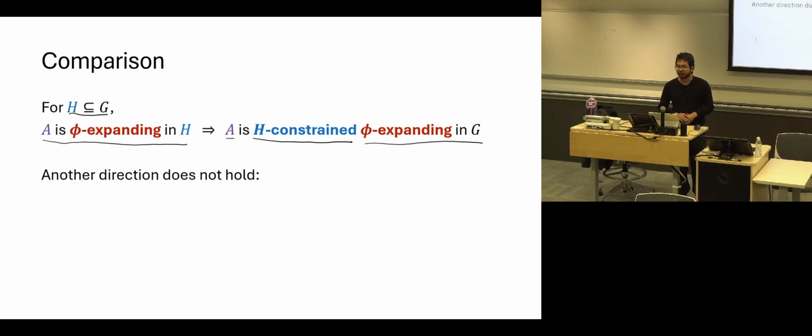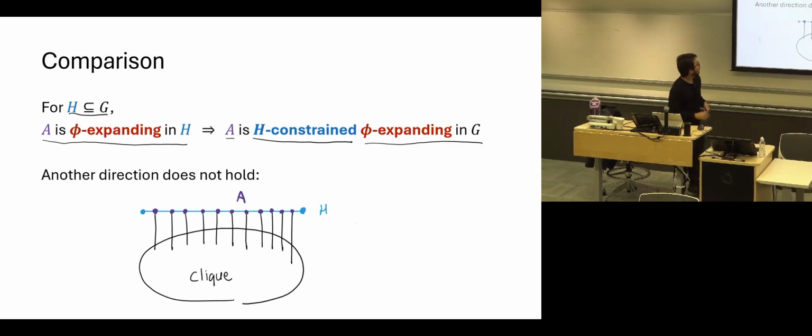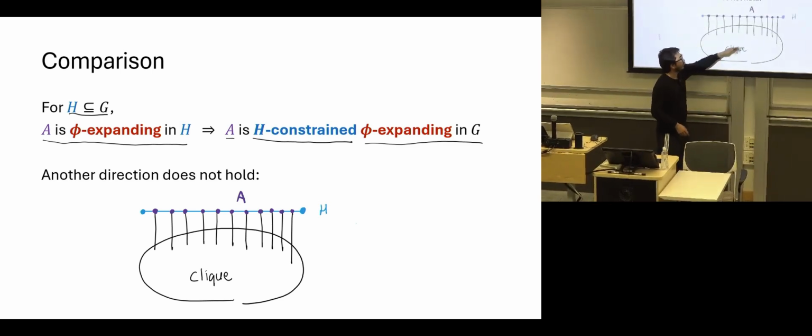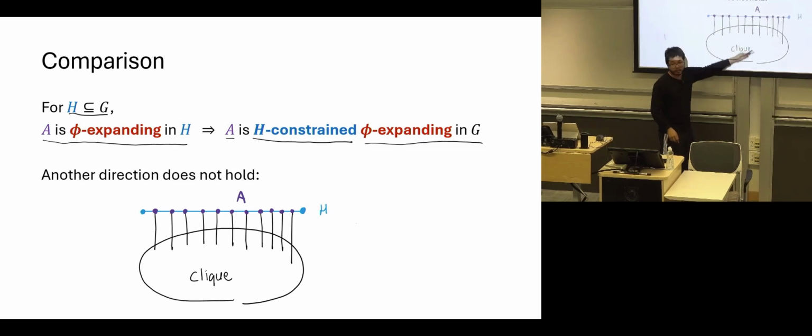For example, let's say that H, I even write it as an undirected graph, but this doesn't hold in undirected graphs too. But the example is undirected. You can think of this example as directed just by adding bidirectional edges.